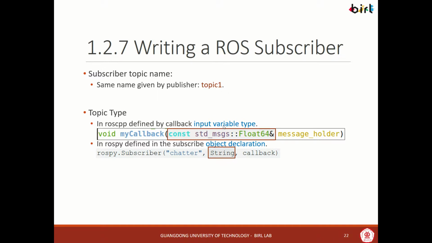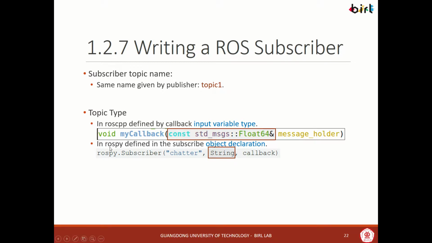Specifically in the input variable type. So let's say we have a function called myCallback. It returns void, and it takes one argument, which we're going to call message_holder. We're going to look at that type, and here, for example, we see std_msgs::Float64. We pass this as reference, so we don't make extra copies, and we set the const keyword here so that we indicate that actually we don't want to change this incoming data. We just want to read it and use it.